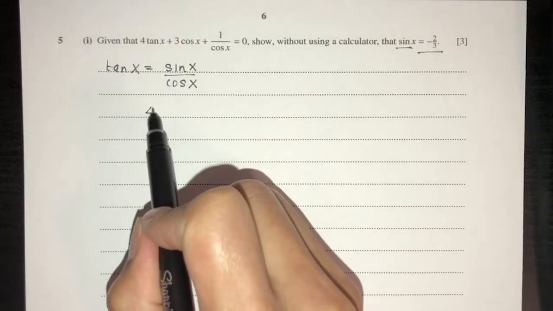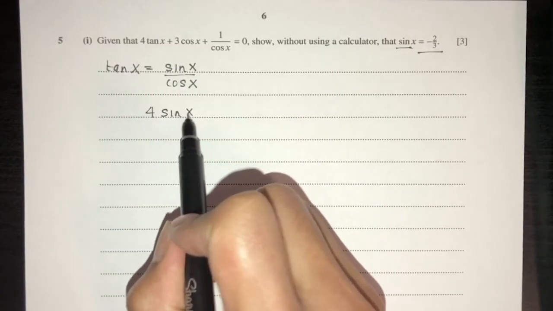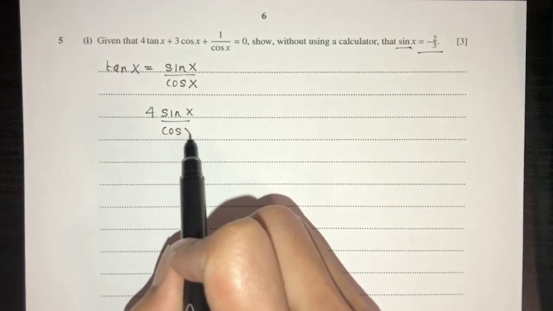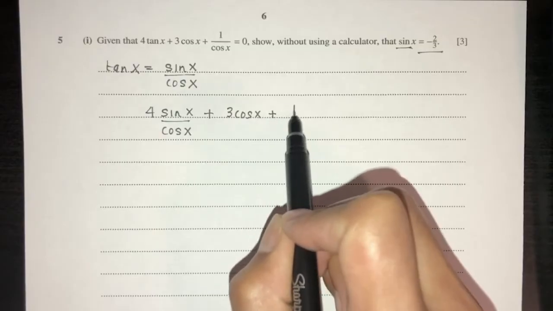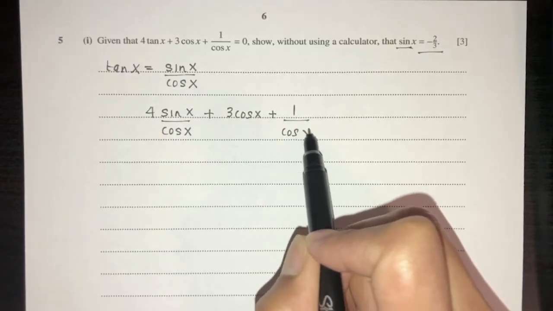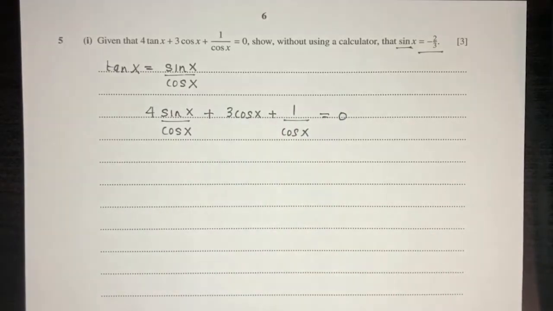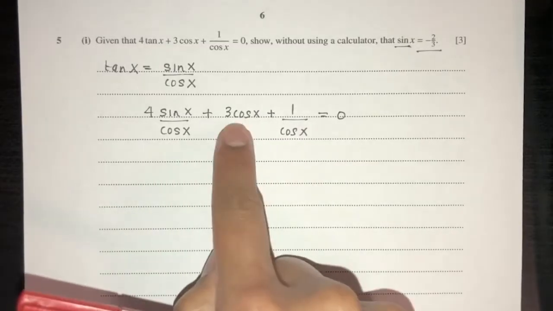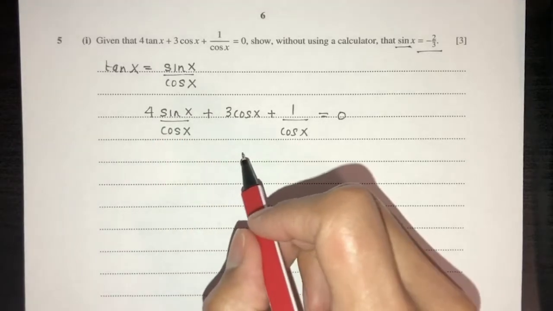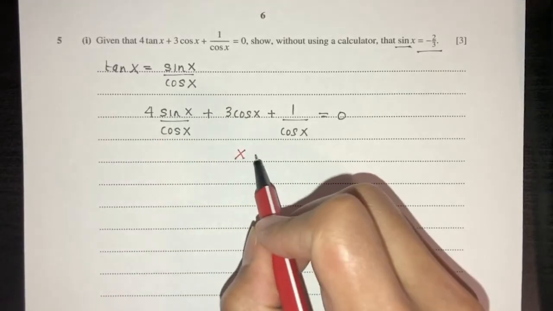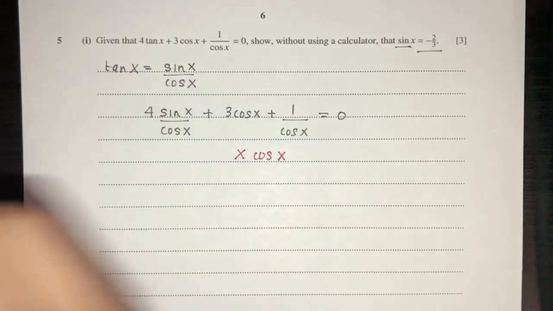Let's see what happens. You have 4 sin x over cos x plus 3 cos x plus 1 over cos x equal to 0. Now you can see here we have cos, here we don't have any cos, but we want to eliminate the denominator. If you want to eliminate the denominator, you have to multiply by cos x everywhere.